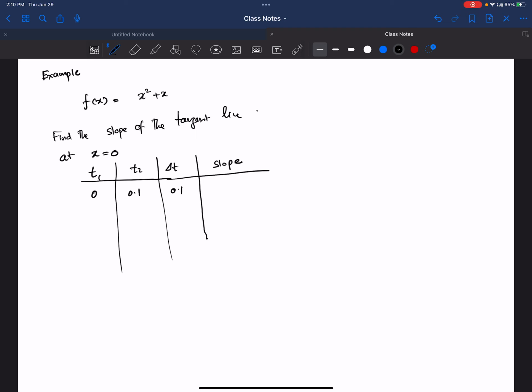And then you can find f of 0, f of 0.1 minus f of 0 divided by 0.1 minus 0. F of 0 is 0. If you put 0.1, this is 0.01 plus 0.1 divided by 0.1, right? And you get 1.1, right?